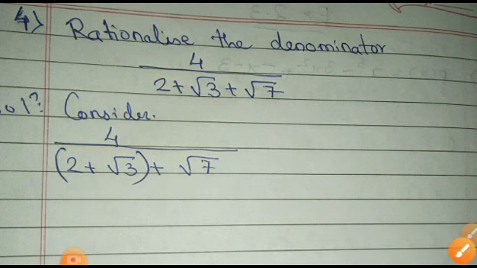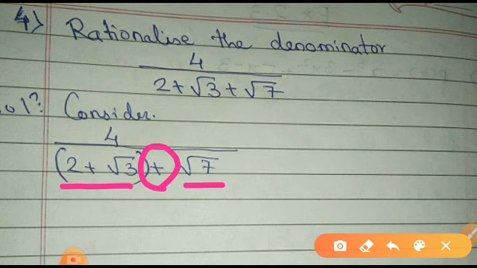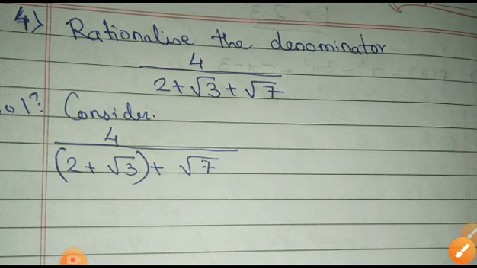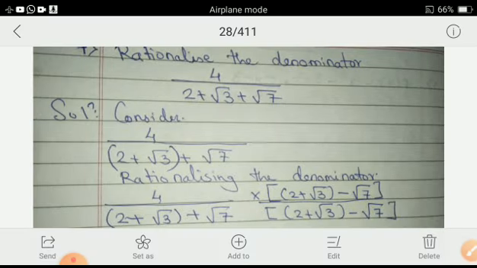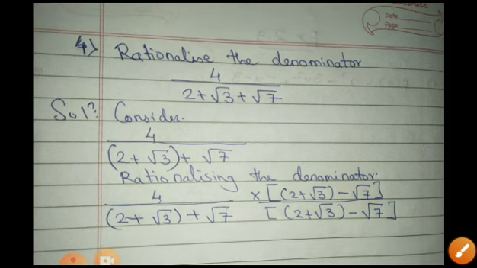This is my first term, this is my second term. In between, what is the sign? Plus sign. So it should be multiplied with 2 plus root 3 in one bracket minus root 7. Hope this is clear. Okay, so I have multiplied with 2 plus root 3 minus root 7 by 2 plus root 3 minus root 7.